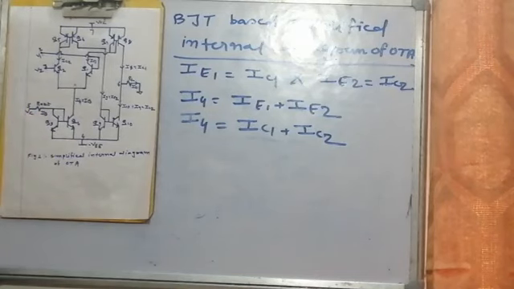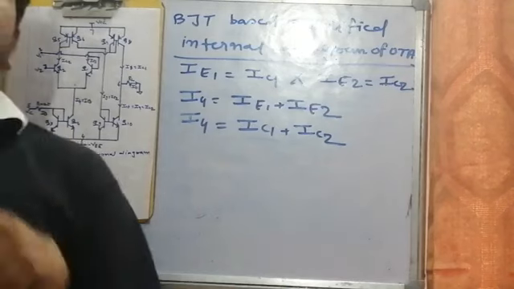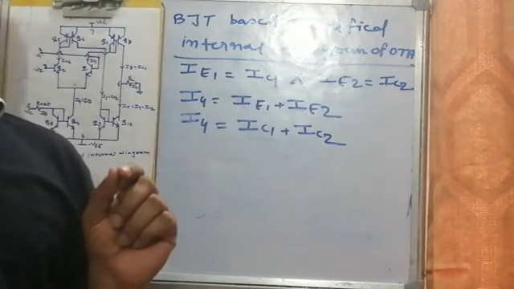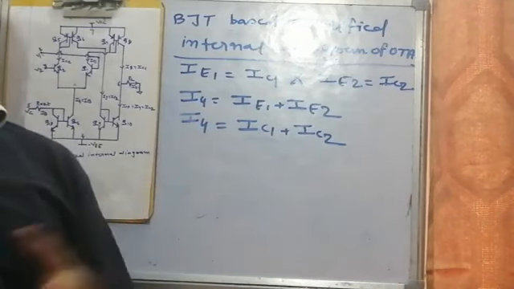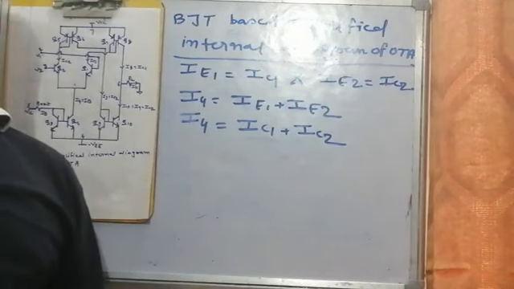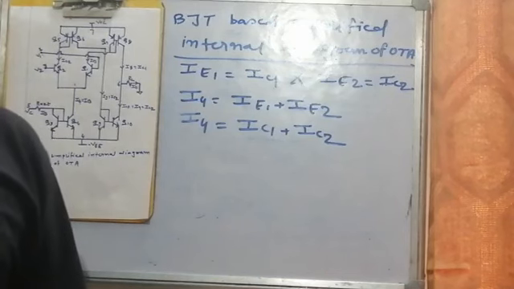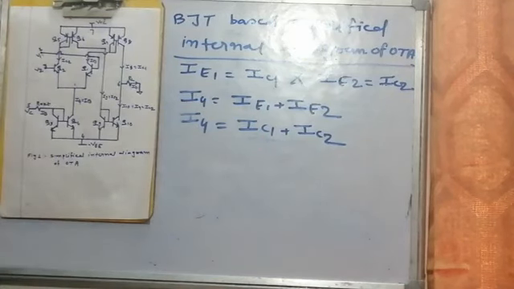And I will show you from the internal diagram, this bias current IB is proportional to, or I will show you bias current IB depends upon the transconductance value gm, or voltage gain of this OTA.